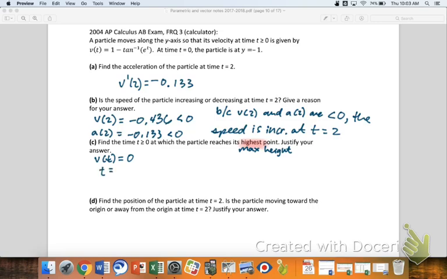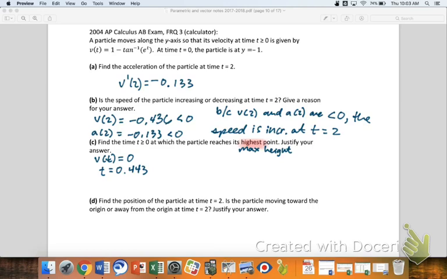If v of t equals 0, t equals how many numbers? Is it just one number? 0.443. Do you guys agree? Okay. So 0.443 is when v of t equals 0. Now I'm really hoping this is going to be an uncomplicated question, and at that number, v of t goes from positive to negative? Yes? Okay. You've got the calculator right there in front of you.